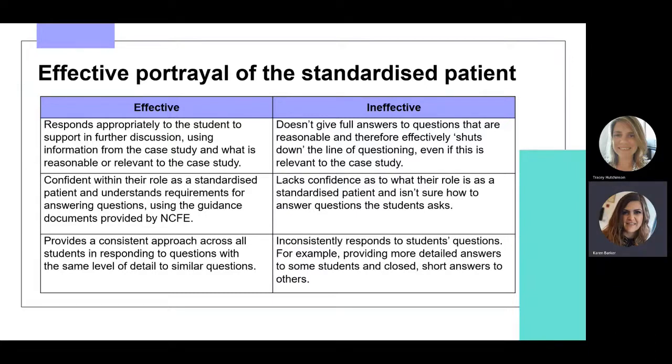Finally, an effective standardised patient provides a consistent approach across all students, responding to similar questions with the same level of detail. Whilst an ineffective standardised patient responds inconsistently, for example, providing more detailed answers to some students and closed short answers to others.